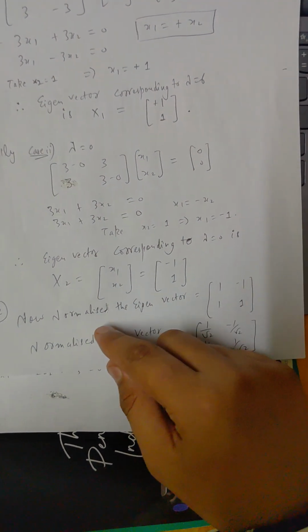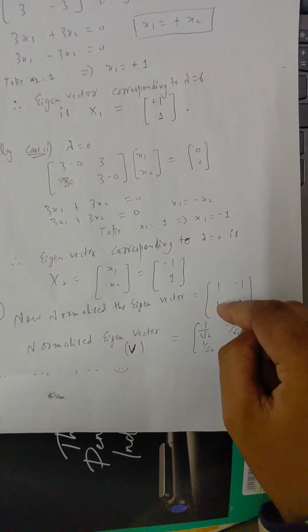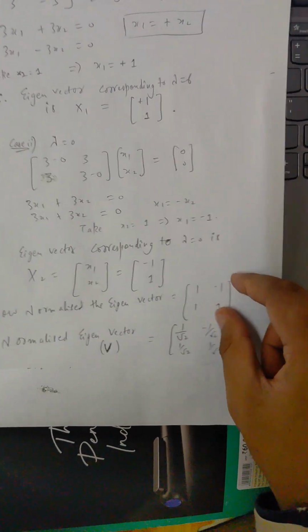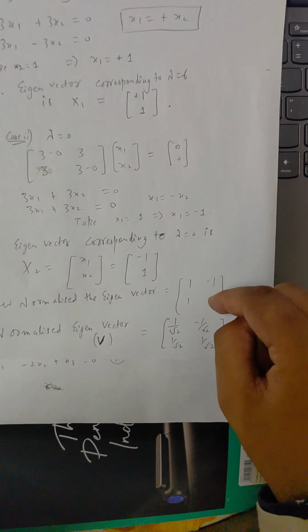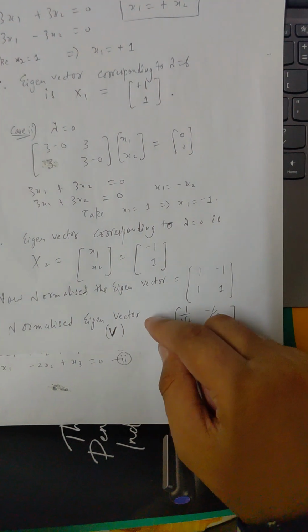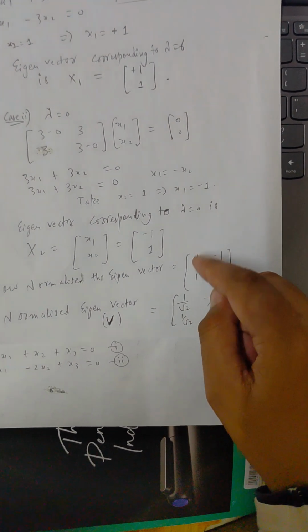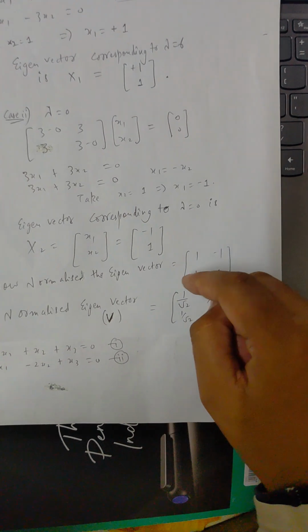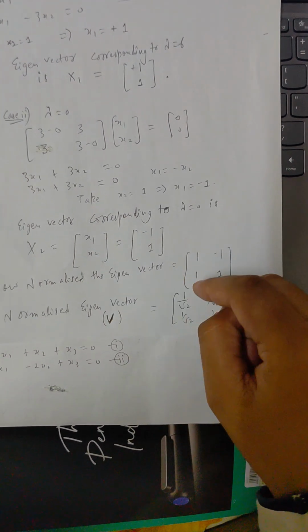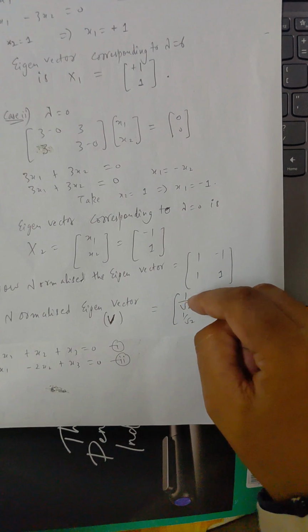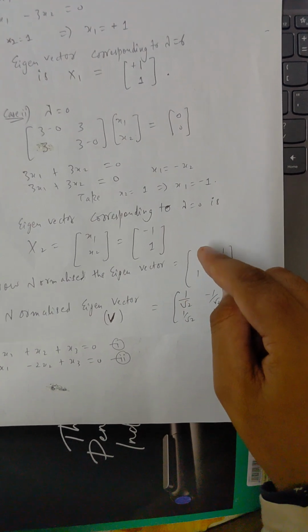First we will normalize the eigenvector. We will write for lambda is equal to 6 here, and for lambda is equal to 0 here in this column. So what is the normalized eigenvector? It is for every column. For every column you have to put in the denominator the square root of the sum of both terms.